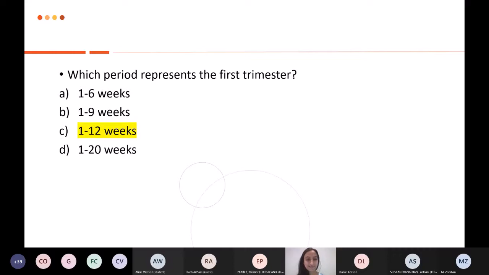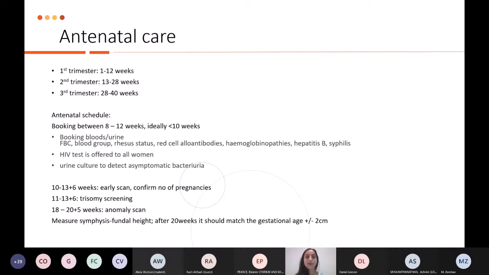I'm going to move on very quickly on this one because I'm hoping that you would all have said C as well. So just a quick whistle-stop tour about antenatal care. Your first trimester is weeks 1 to 12, second is 13 to 28, and third is 28 to 40. And in that you could also add your postpartum, which is your birth to 6 weeks.